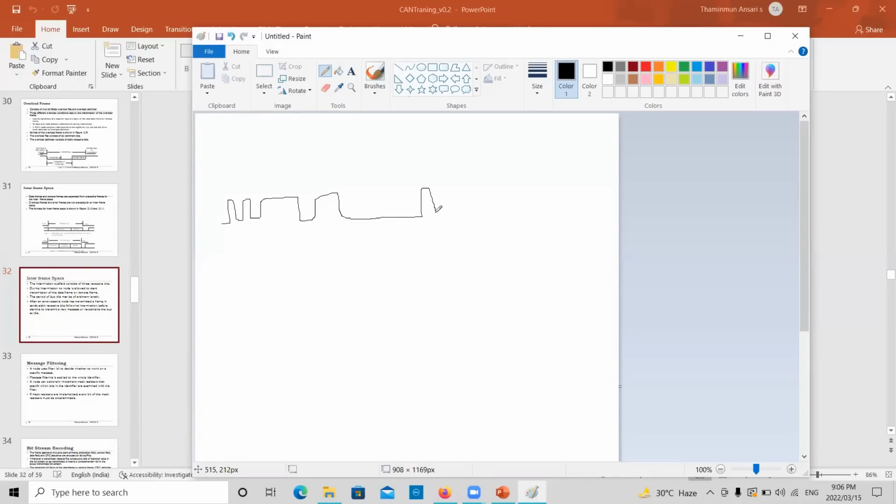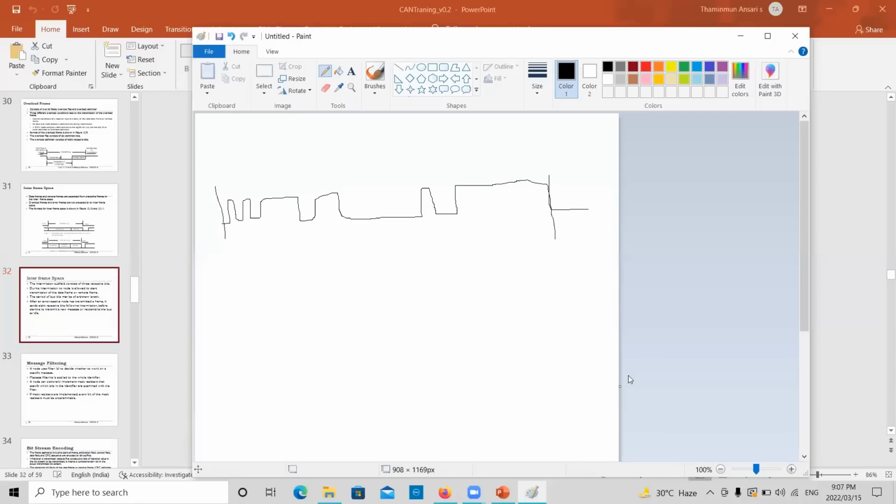You assume the complement of this is on the other side. So this is my voltage pulse. Immediately, this is one frame. From here to here is one frame.